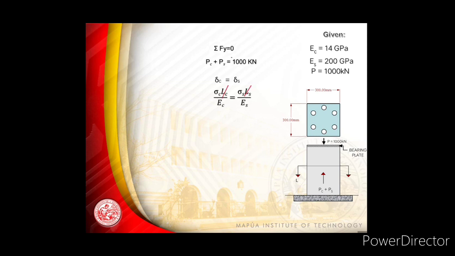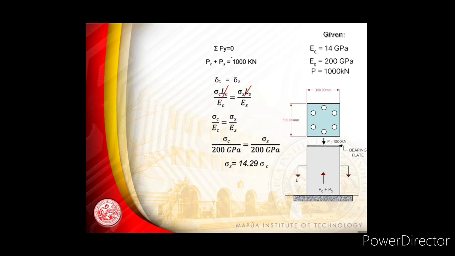Since the length of the steel and length of concrete are equal, they will both cancel, and you are left with the stress of the concrete over the modulus of elasticity of concrete, which is equivalent to stress of the steel divided by the modulus of elasticity of steel. Substituting their elasticities, you come up with stress of steel equivalent to 14.29 the stress of concrete. This equation is going to be used in our previous problems.